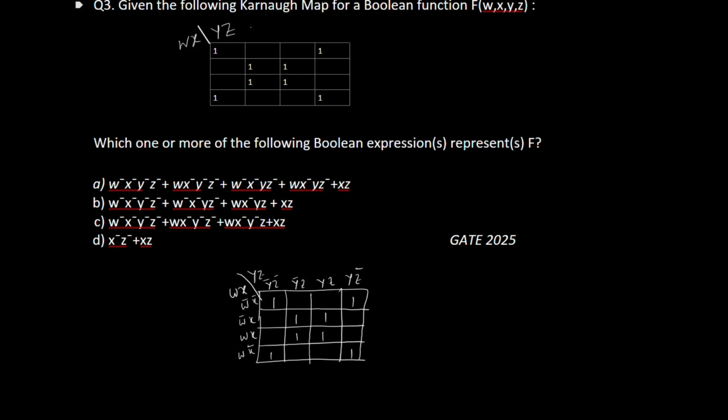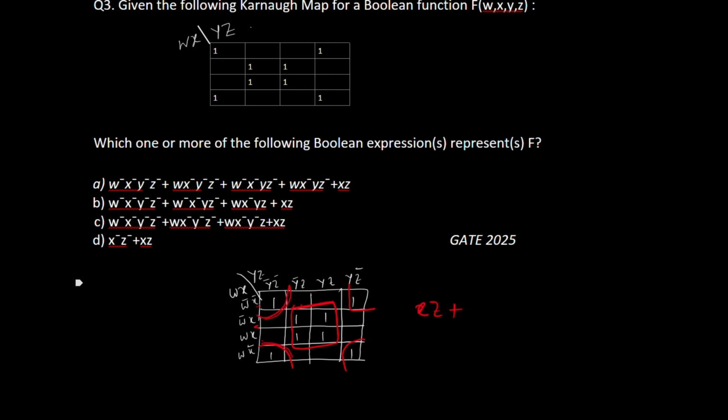So the basic rule of K-map is to build larger groups. So here we get one group, and one group is from here. So expression for this, from this block we get x, and from here we get z, plus for this part of the map we get x bar.